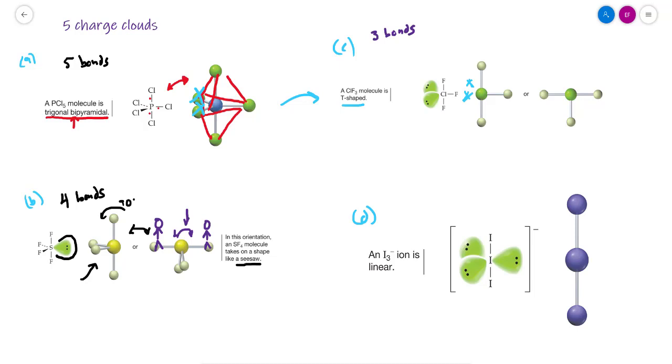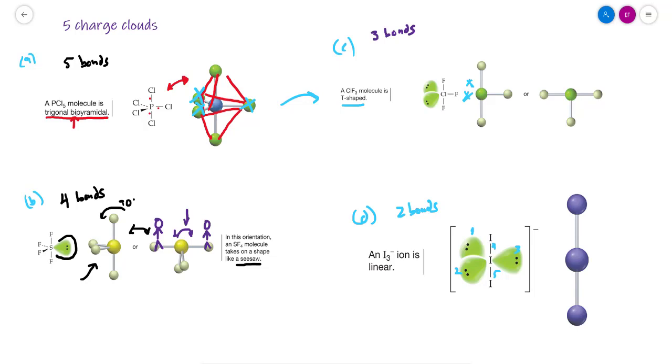And then the final option doesn't come around often. There aren't that many examples of this, but they do exist, where you still have 5 charge clouds, 1, 2, 3, 4, 5, but you've only got the option of forming 2 bonds. In that case, if we go back to our original trigonal bipyramidal structure, all 3 of those in the triangular plane are gone.